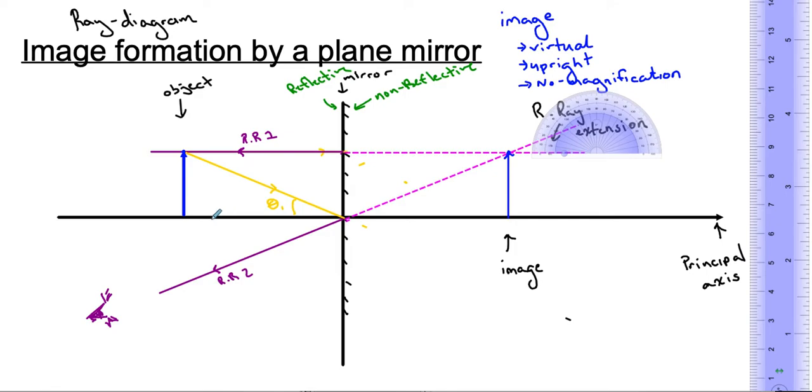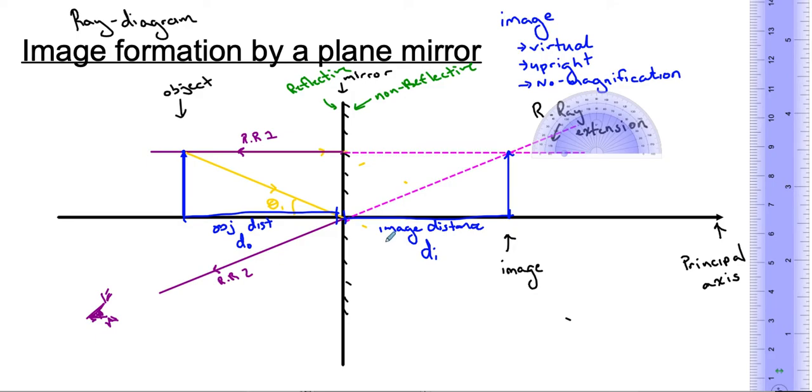A couple other key points: this right here, a little rough, but that's okay, is our object's distance. And you'll notice that it should be the same as our image distance. Normally we call the distance of the image di, and the distance of the object do.